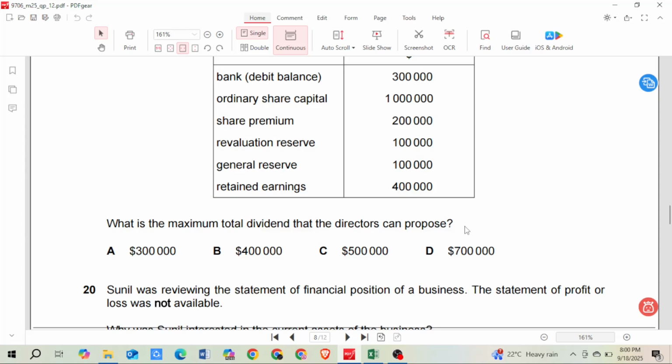A dividend can be proposed from revenue reserves. We cannot use capital reserves to give a dividend. Here the revenue reserves we have are the general reserve and retained earnings. So this 100,000 and 400,000 total can be given to the shareholders as a dividend. Though we don't usually do that, this is the maximum amount we can propose, which is $500,000. So your right answer is C.